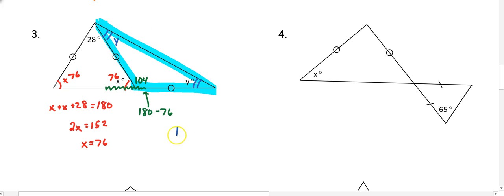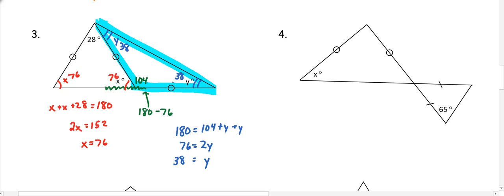So to solve for y, 180 equals 104 plus y plus y. I can subtract 104 from both sides, and I get 76 equals 2y. When I divide by 2, I get y is 38 degrees. So I have 38 and 38.